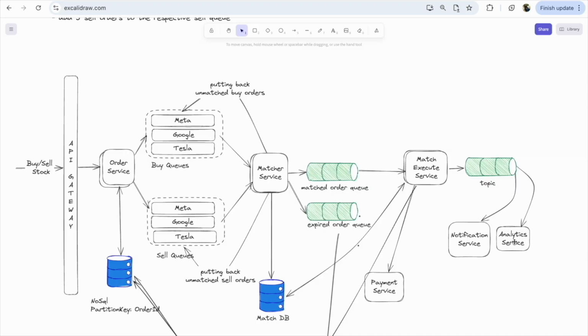There will be some analytics service that will keep track of the daily order processing, what kind of orders are getting processed, the expired orders, matched orders, details, and all this will be used for analytics. So these two services can read from this topic.